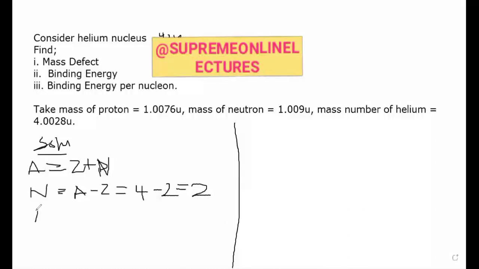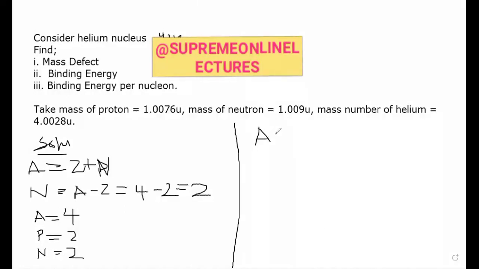We have our mass number to be 4, our proton number to be 2, and our neutron number to be 2. Fine. Remember, A equals Z plus N.